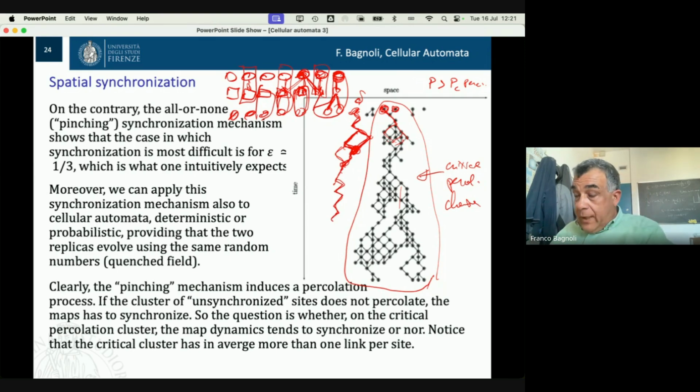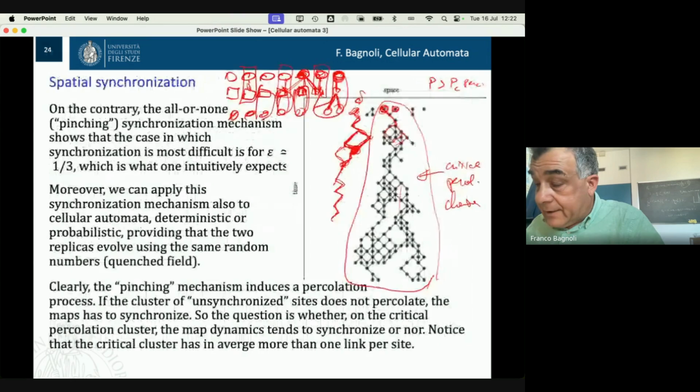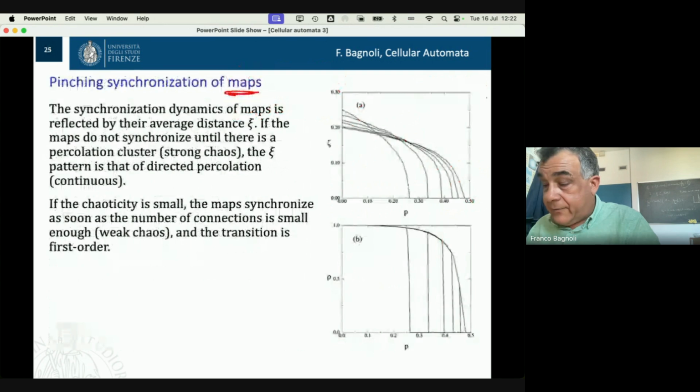And so, what happens to maps, not to cellular automata, on this kind of cluster? Well, it depends on whether the chaos is able to survive on only a single or a very few paths, or whether it needs a lot of contributions in order to survive.